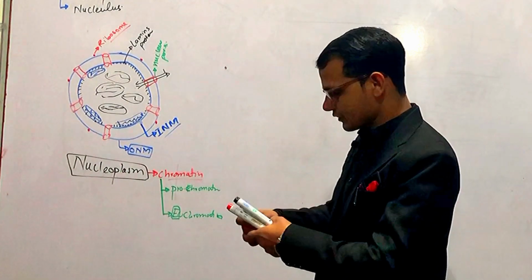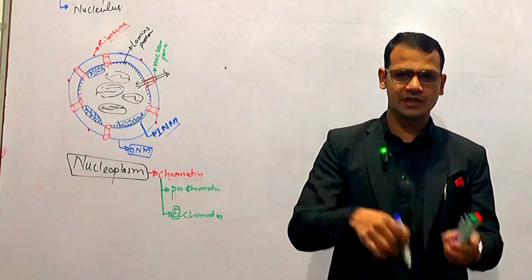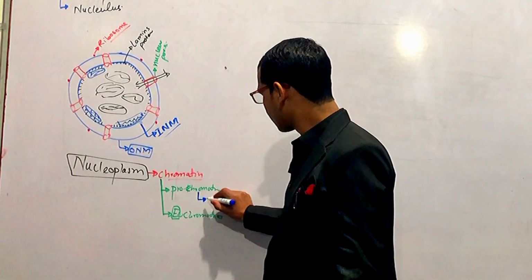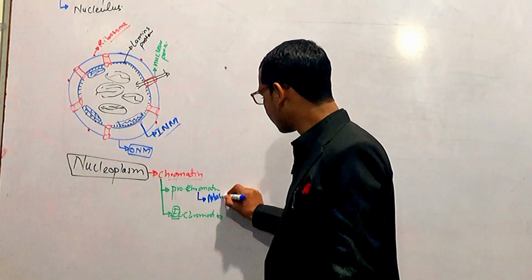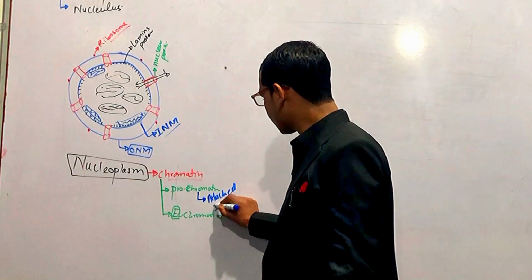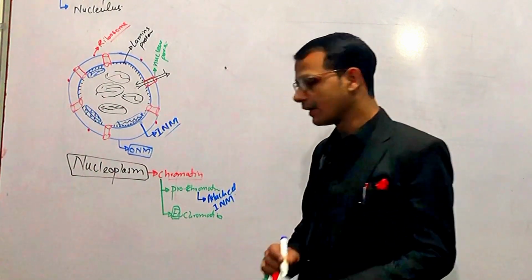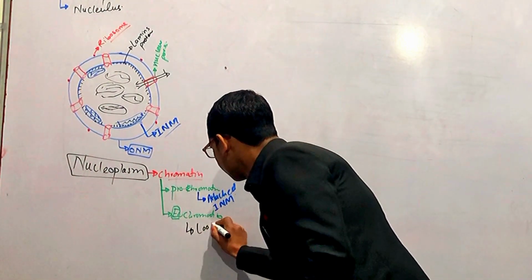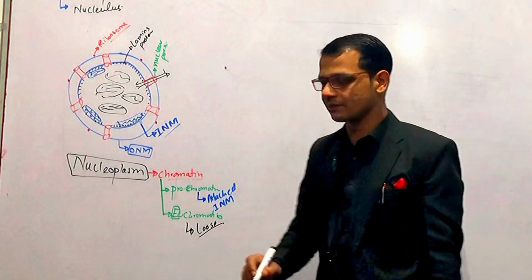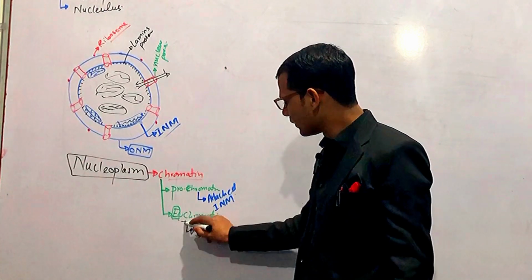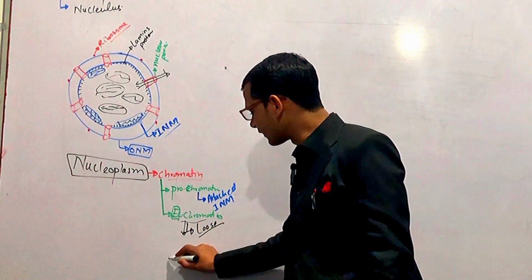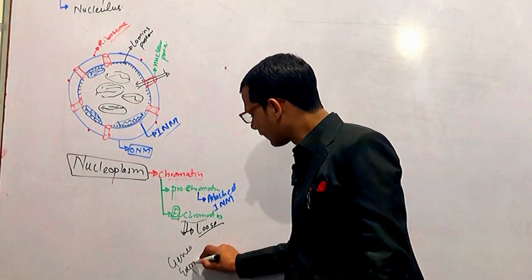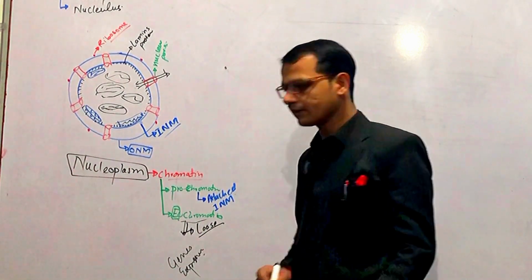This pro-chromatin is tightly packed with lamin proteins on the inner nuclear membrane. So these are attached with the inner nuclear membrane, and euchromatin is present in loose form in the nucleoplasm, and these are the chromatins which are responsible for gene expression.